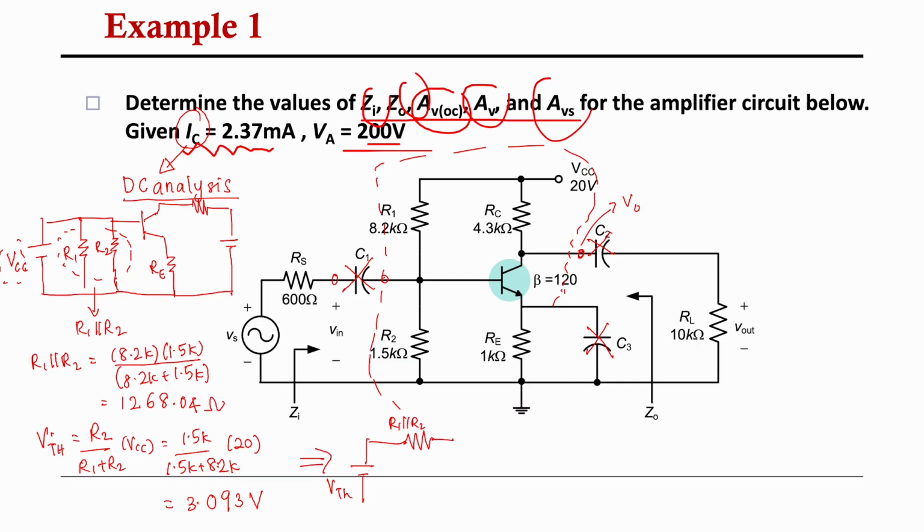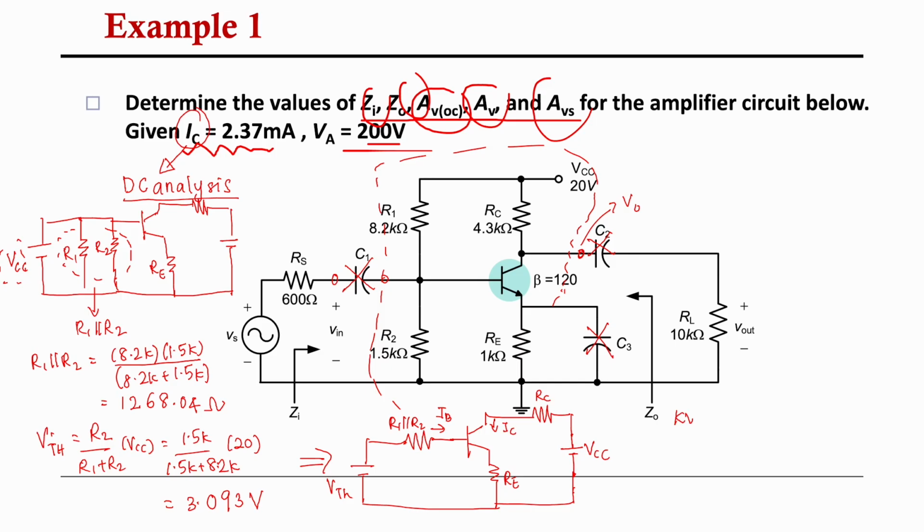And then your RE here, and then this will be your RC, and this will be your VCC. So it's going to be much simpler. Then you can perform the KVL to find the IB, and here is the IC.